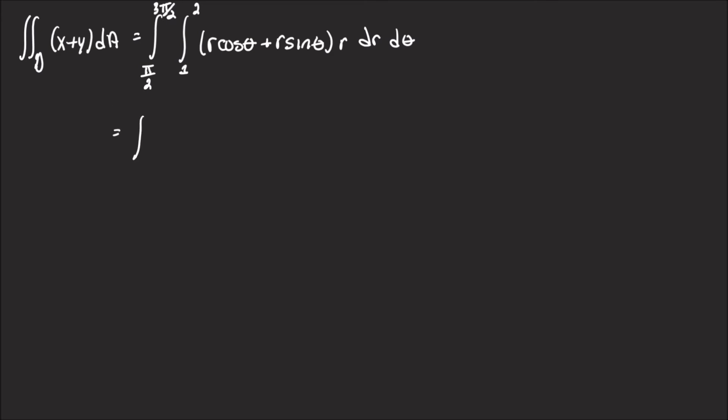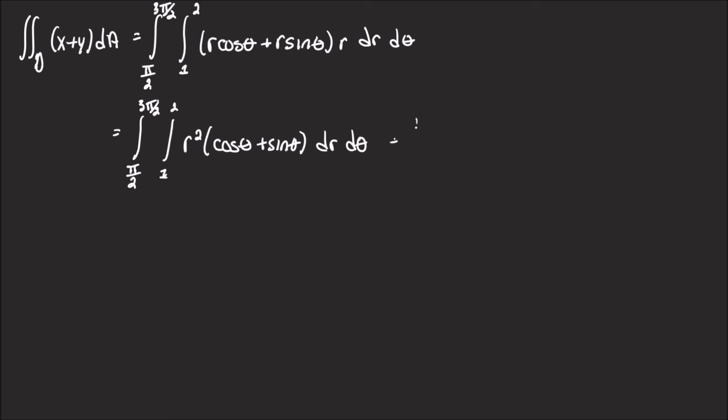We can factor out that r, so we're left with cosine theta plus sine theta. Of course, I multiplied by that r as well to get r squared, dr d theta.